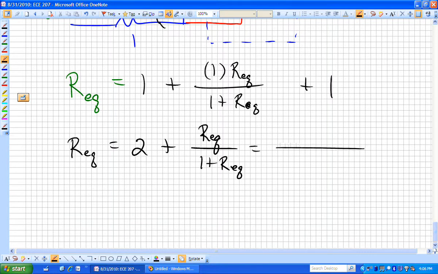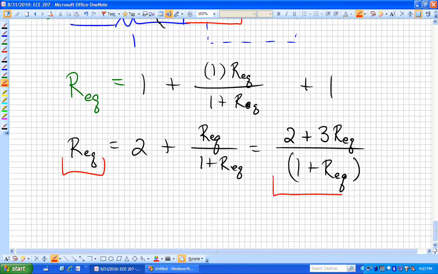If I put those over a common denominator, I now have 2 times that denominator, which gives me 2 plus 2 R equivalent, but I also have that other R equivalent. So 2 plus 1 R equivalents gives me 3 R equivalents. Is that okay? Or I now have this equaling that.